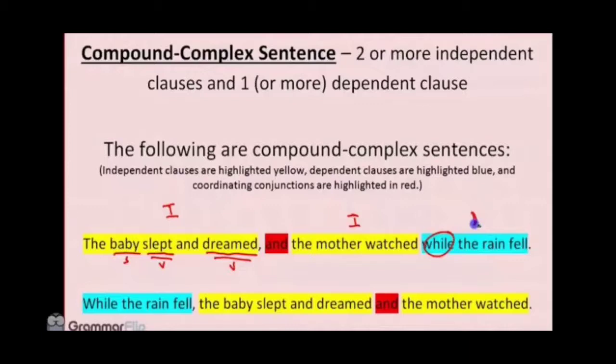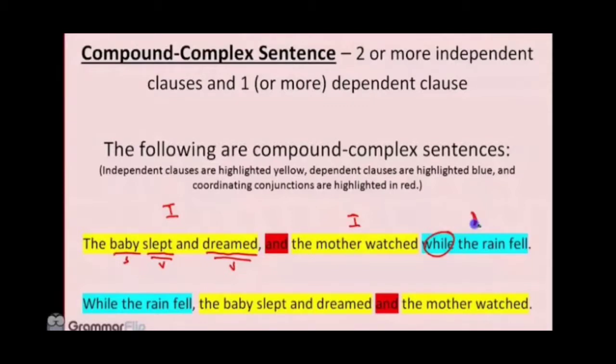As I told, a compound complex sentence consists of 2 or more independent clauses and 1 or more dependent clauses. The following are compound complex sentences. Independent clauses are highlighted in yellow and dependent clauses are highlighted in blue. We are using the coordinating conjunction, highlighted in red, to join these sentences.